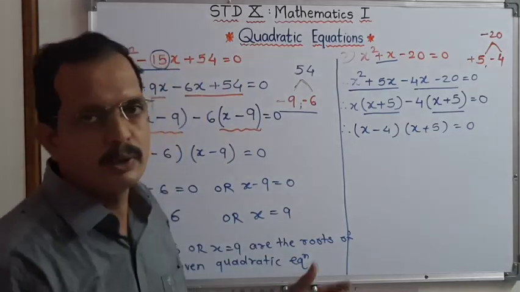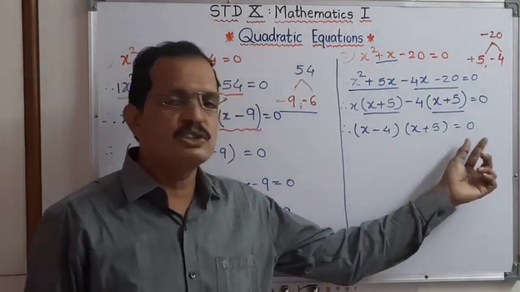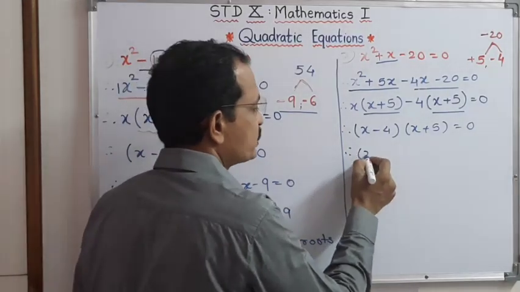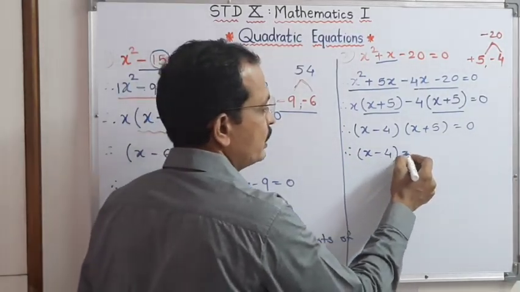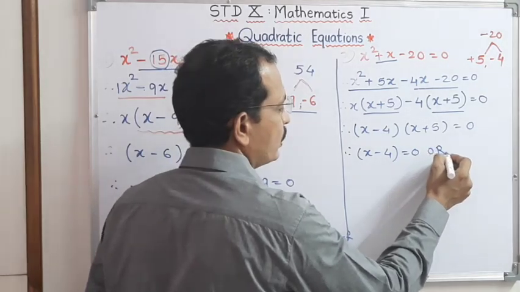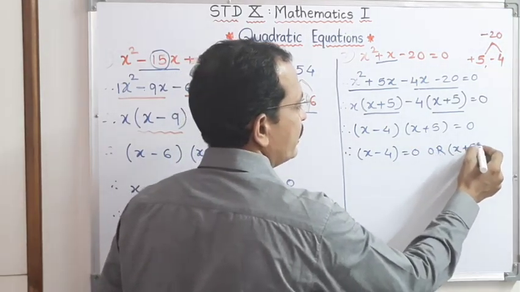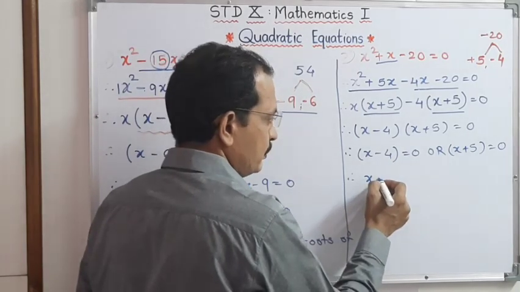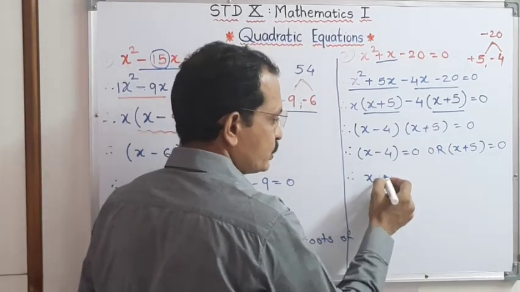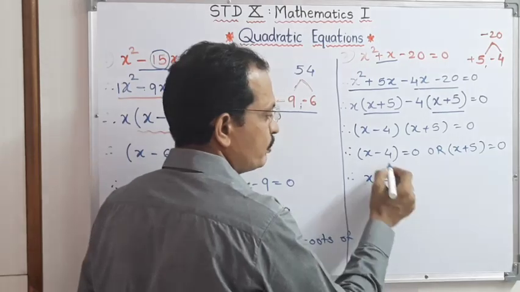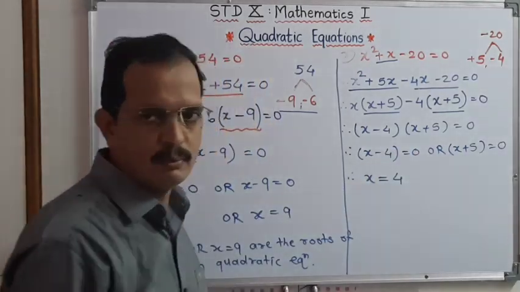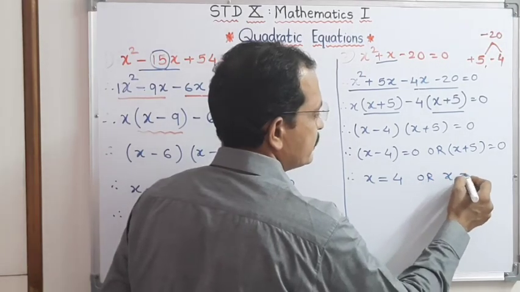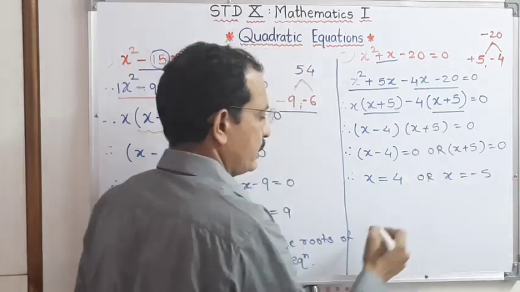Now the multiplication of these two numbers is 0, so one of these two must be 0, that is x minus 4 equal to 0 or x plus 5 equal to 0. Therefore x minus 4 equal to 0, therefore x is equal to 4, since minus 4 goes to the other side and becomes plus 4, or we get x is equal to minus 5.